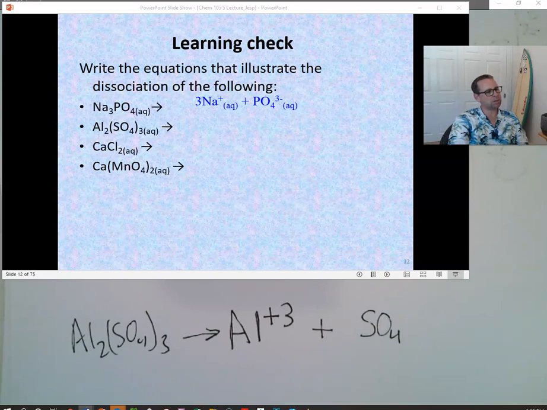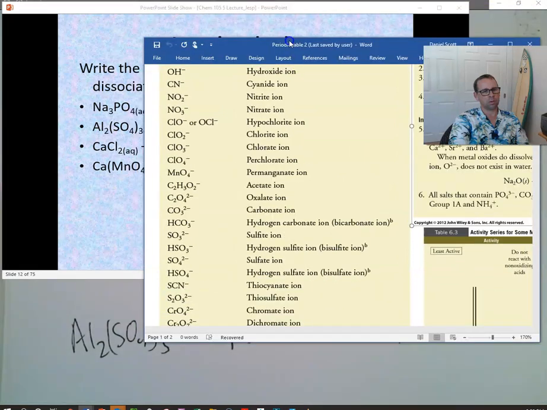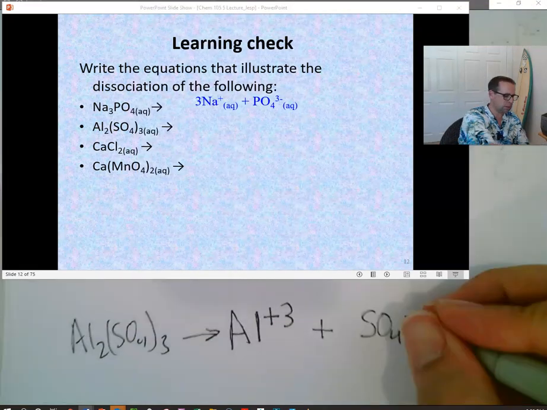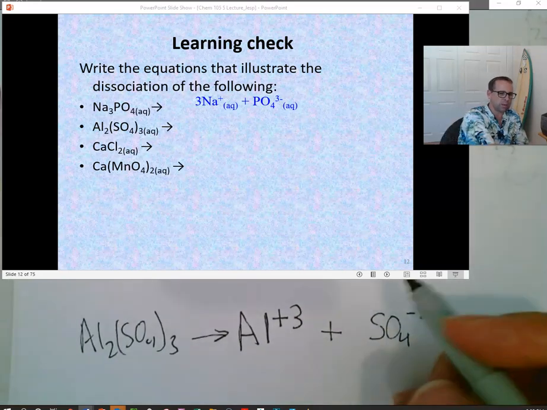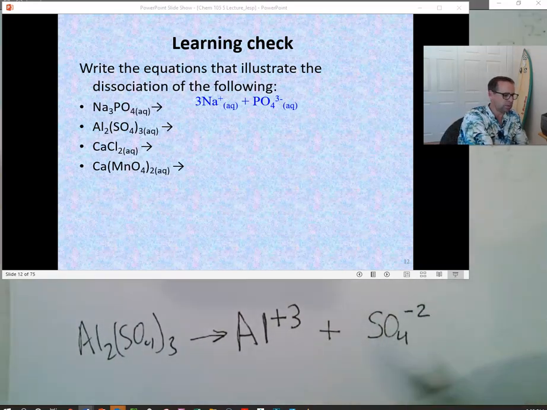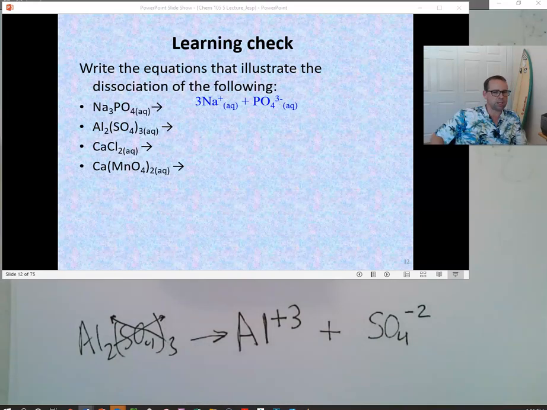Can you find it? -2. Okay, very good. And there's a couple ways that I could have seen that as well. Because remember, our crisscross rule can work the other way when we're trying to find out what the ions are, right?